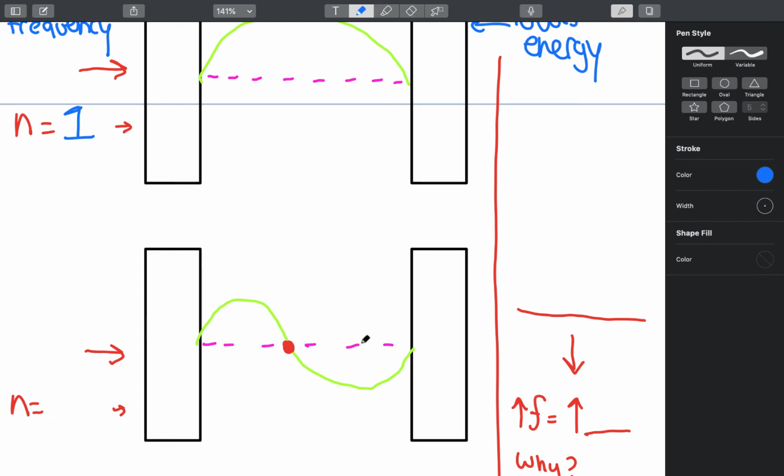The equilibrium position is the position around which the wave oscillates. So the area of the equilibrium position where the wave intersects is called a node. So nodes can be seen where the wave intersects the equilibrium position. So this is a node.